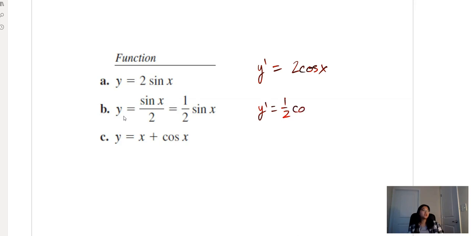Derivative of sine is cosine. What about here? dy/dx. Well, the derivative of x is just 1, because it's got a leading coefficient of 1. If it's a line that has slope 1, then its slope is always 1. And then plus cosine. So cosine's derivative is negative sine of x. Cool.